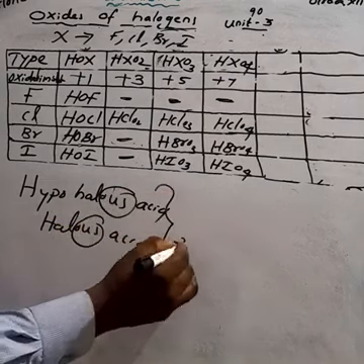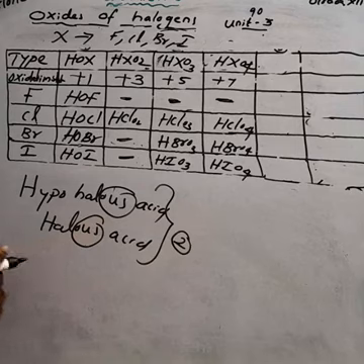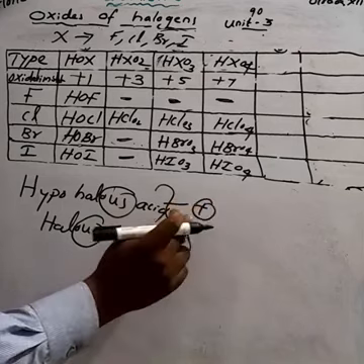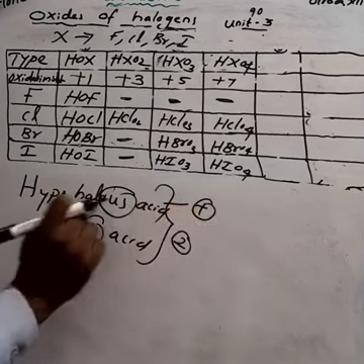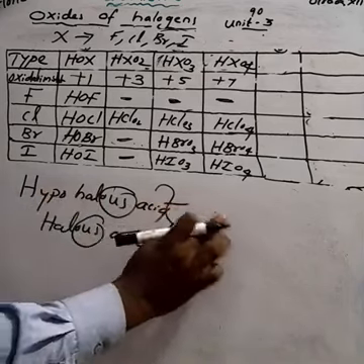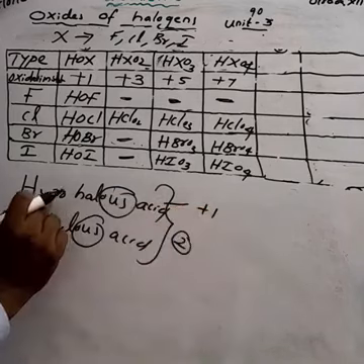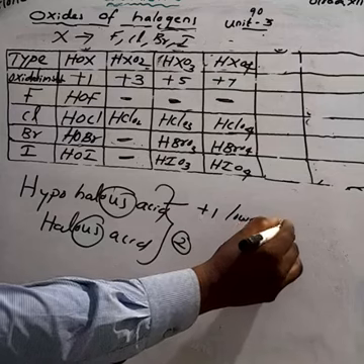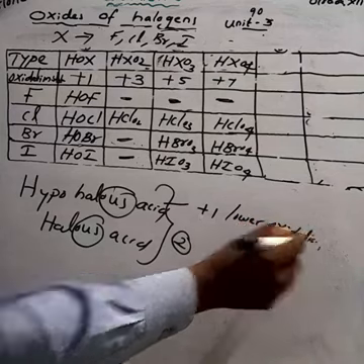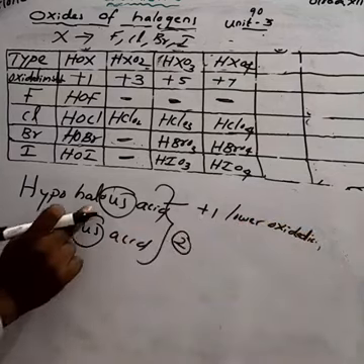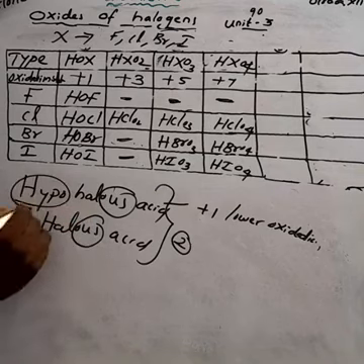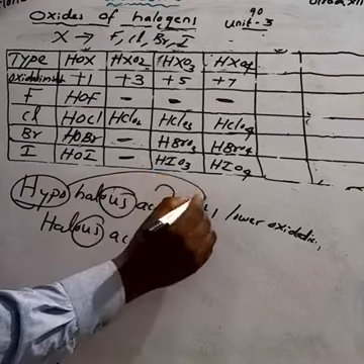This ous acid has a lower oxidation state, about +1, so we say the name hypo. Hypo means lower oxidation state. That's a one-word question. Hypo means what? Lower oxidation state, +1.